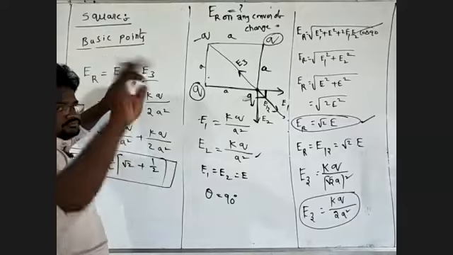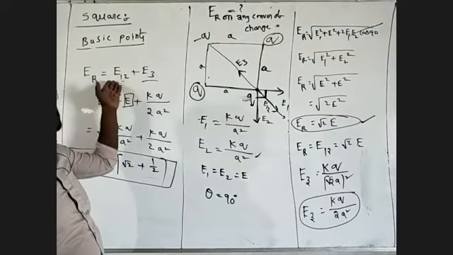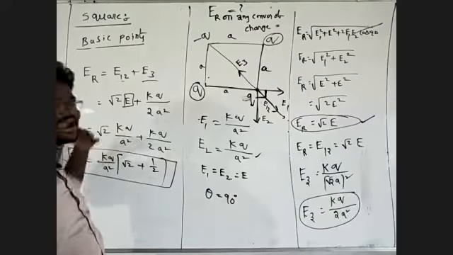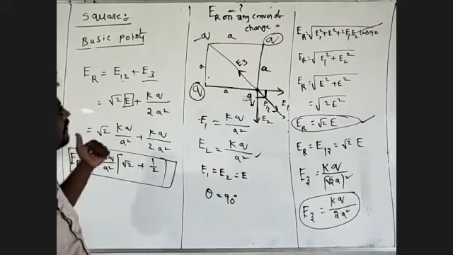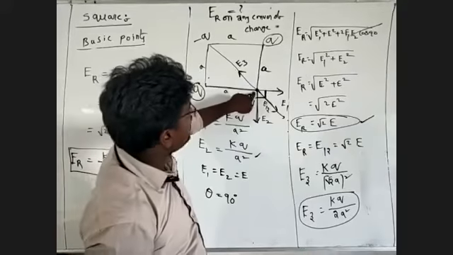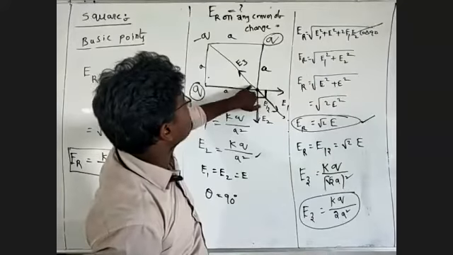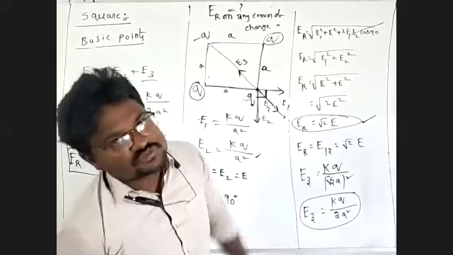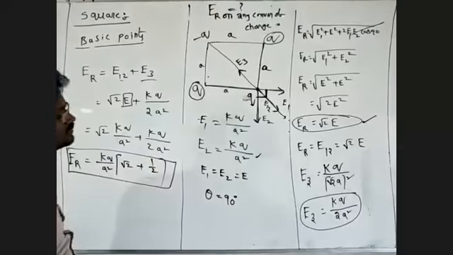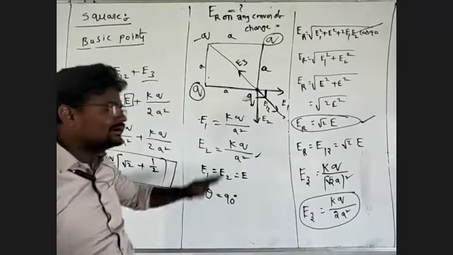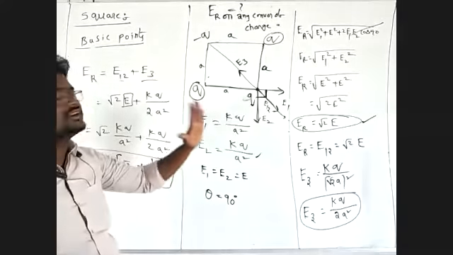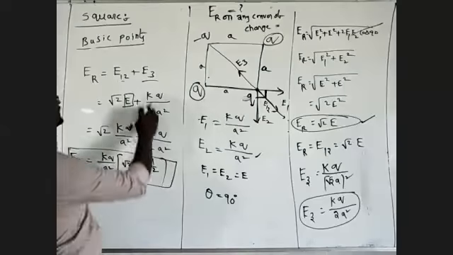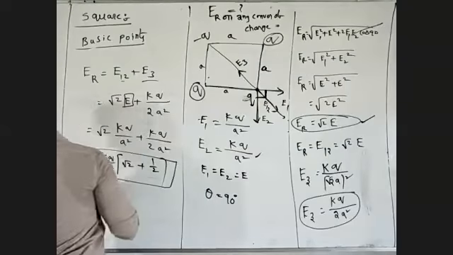Before, E12 and E3 were in the same direction, so we added. But at this point, E3 is in the upward direction and E12 is in the downward direction. Both are in opposite directions. Now we have to calculate the resultant intensity of electric field at that corner. How can we calculate? Do we add or subtract?